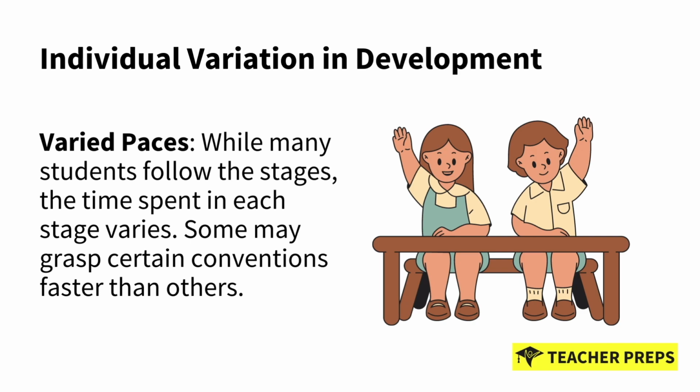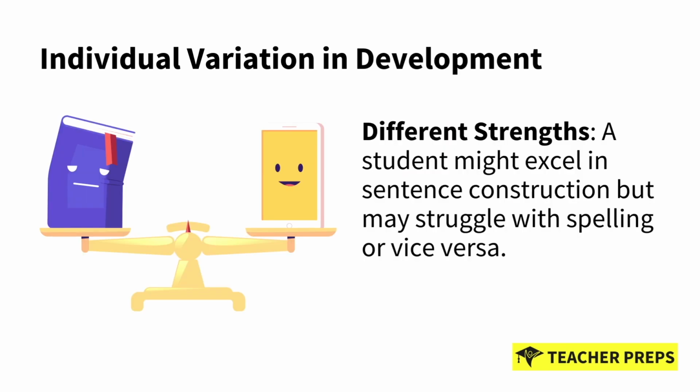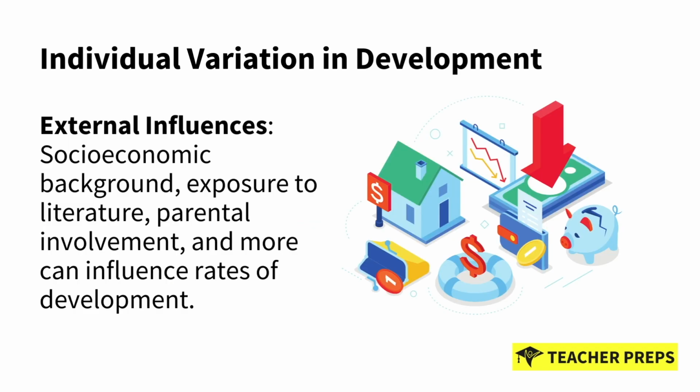Some may grasp certain conventions faster than others. Now, a student might excel in sentence construction, but may struggle with spelling or vice versa, and this could be the different strengths between students. Socioeconomic background, exposure to literature, parental involvement, and more can influence rates of development. These are our external influences.